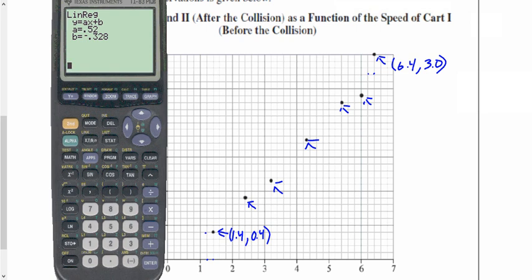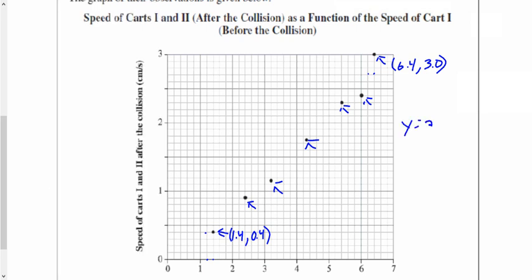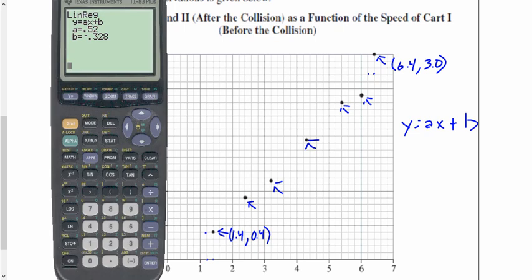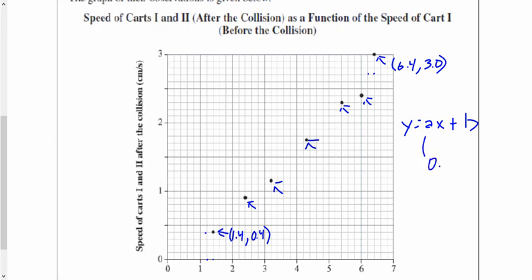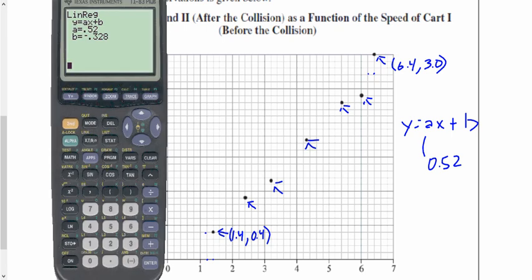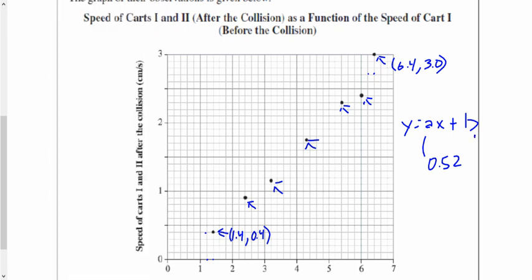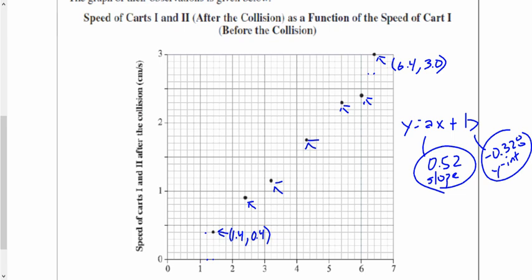You can see the equation, y is equal to ax plus b, and the value of a here, for me, is 0.52, and the value of b is negative 0.328. So the slope of this graph, for me, is 0.52, and the y-intercept, for me, is negative 0.328. For you, it's going to be different because you're going to use all of the data points, not just the first point and the last point.